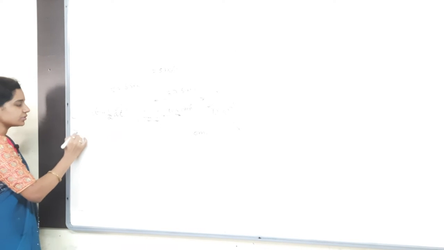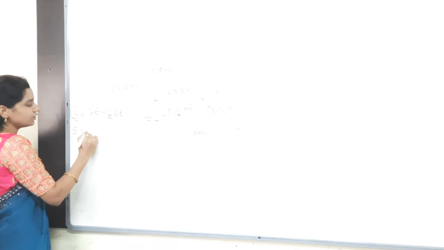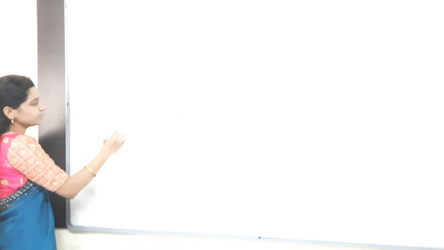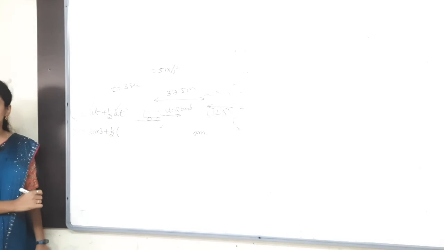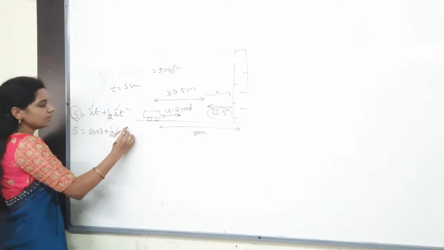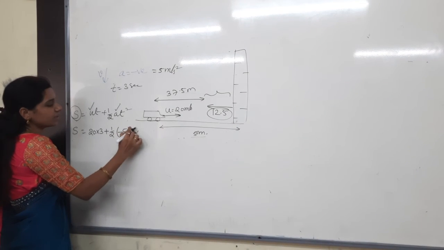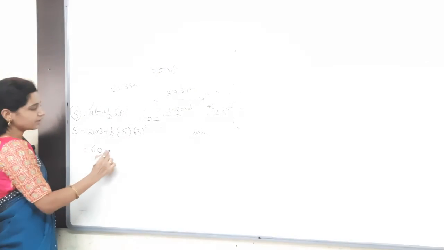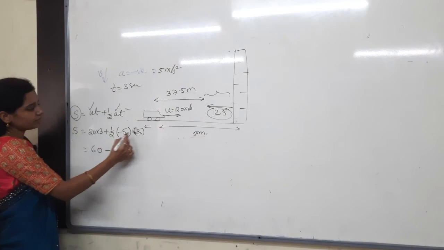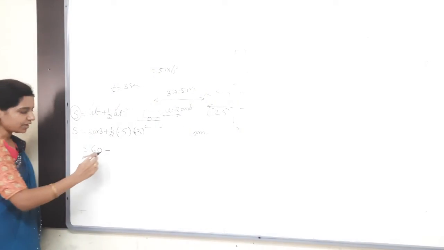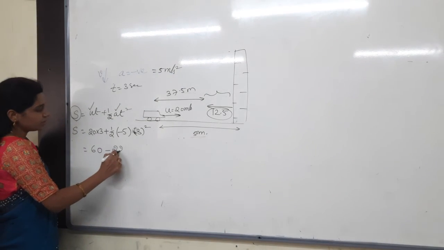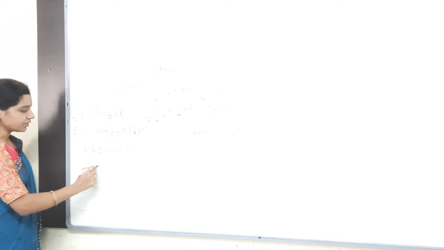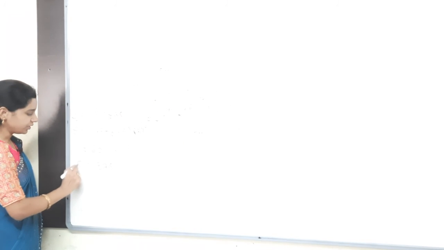So S is equal to u, which is 20, times t, which is 3, plus half into the retardation, minus 5, into 3 square. This will be 60 minus 45 by 2. 45 by 2 is 22.5. 60 minus 22.5 is 37.5.